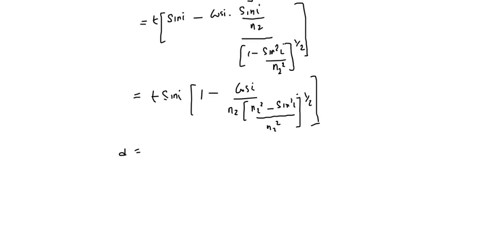t sin I, 1 minus cos I by n2 square minus sin square I, half, fine.